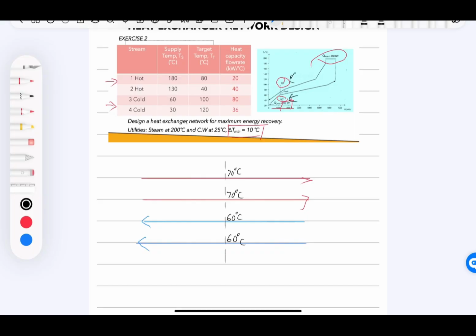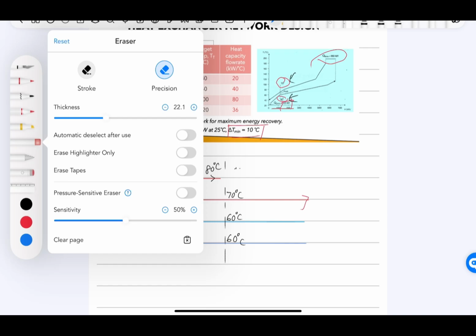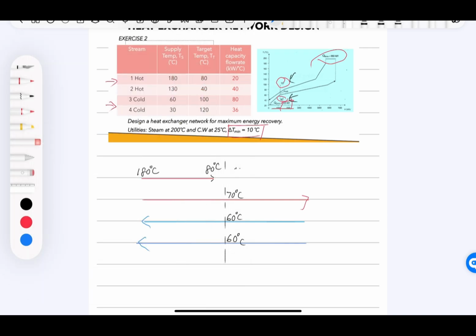Okay, write the hot stream temperature from 180 degrees to 80. So here, 80 degrees C. The second hot stream is from 130 to 40 degrees C, and cold stream number 1 is from 60 to 100.